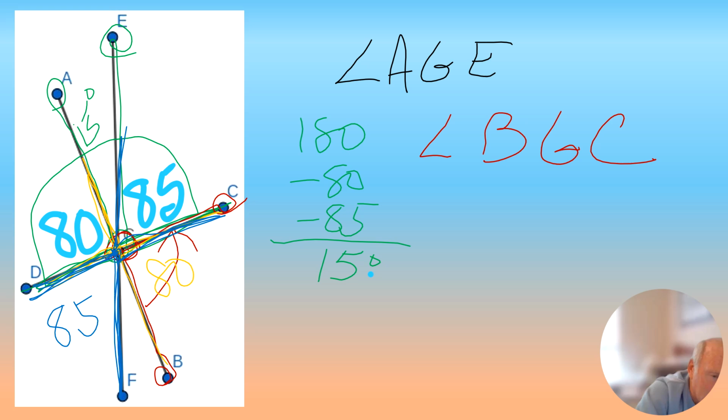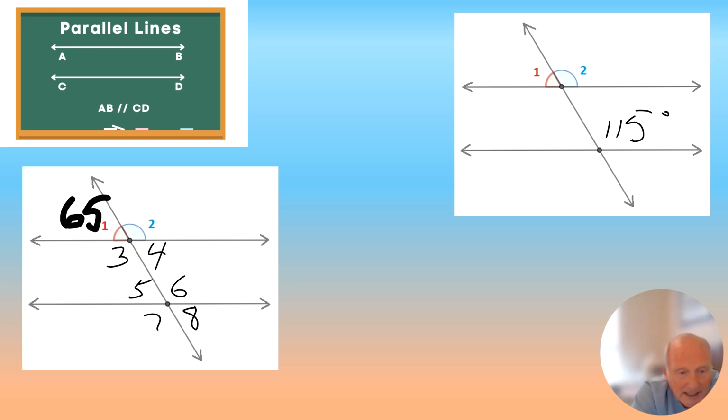And then I've got these 2 back-to-back V's, so that one has to be 15. Look for V's, look for Z's, look for 180 degrees, and be able to name the angles. And that is not angle G, because angle G is the vertex of a lot of angles.